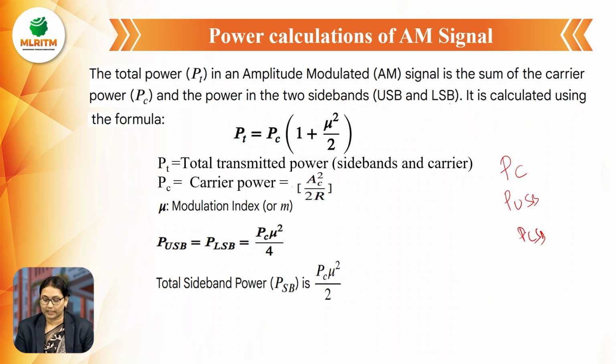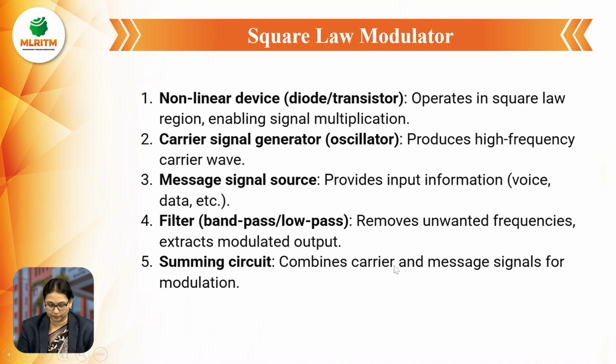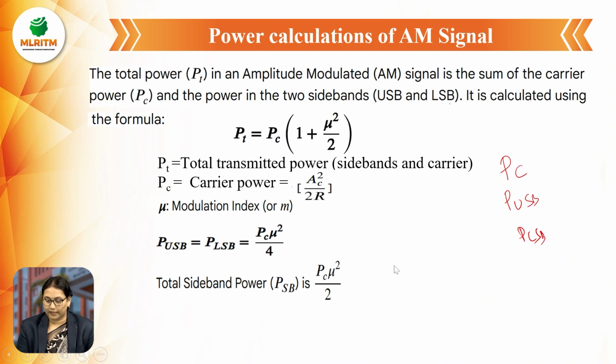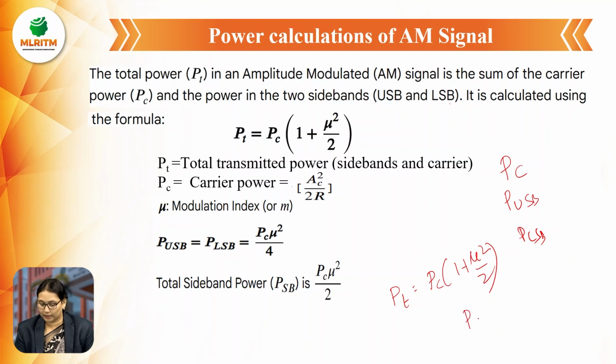So the total power is the sum of the carrier power and the sidebands power. The formula for total power is Pt = Pc (1 + mu squared by 2). Here Pt is the total power, Pc is the carrier power, and mu is the modulation index. Carrier power is represented as Pc = Ac squared by 2R.